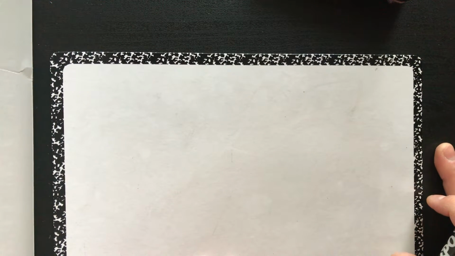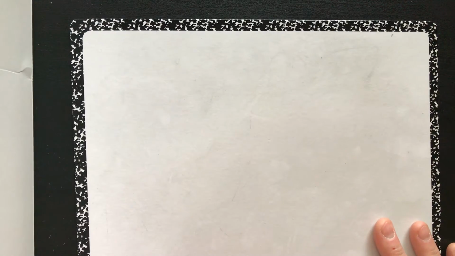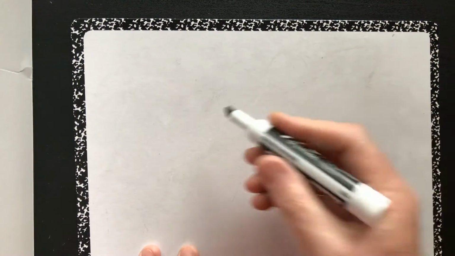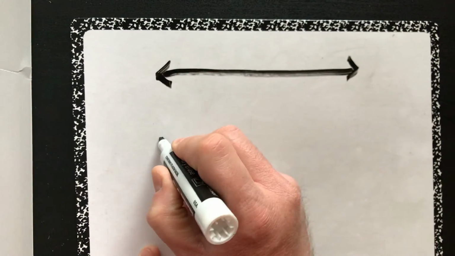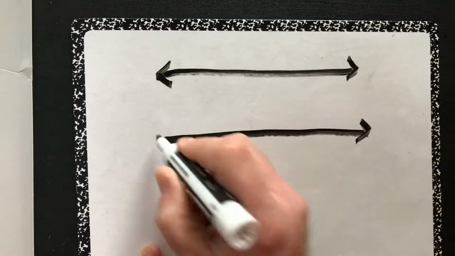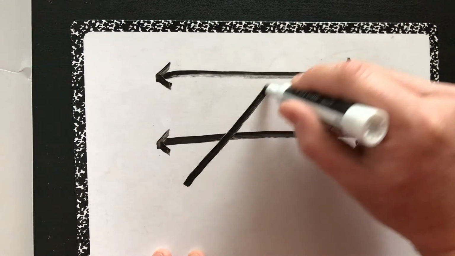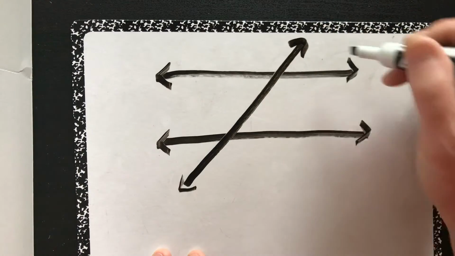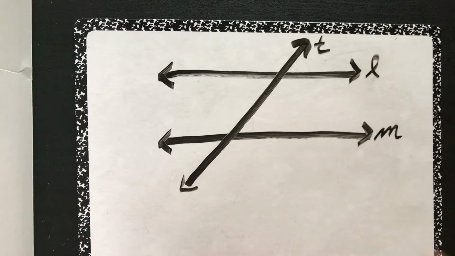All right, geometry crew, we are moving on to section 3.2, and this section is called Properties of Parallel Lines. So, what this says is, and there's different theorems, but remember that we had this diagram where T was our transversal, and then we had L and M, matched up with different angles.